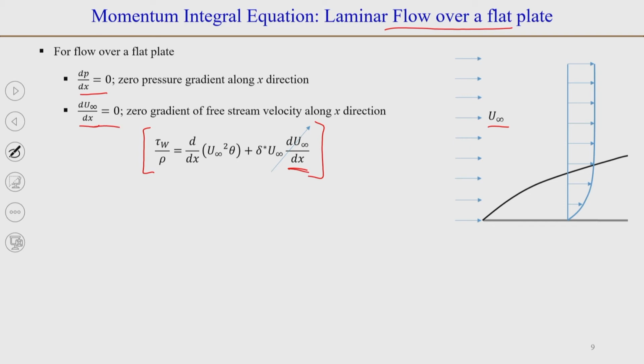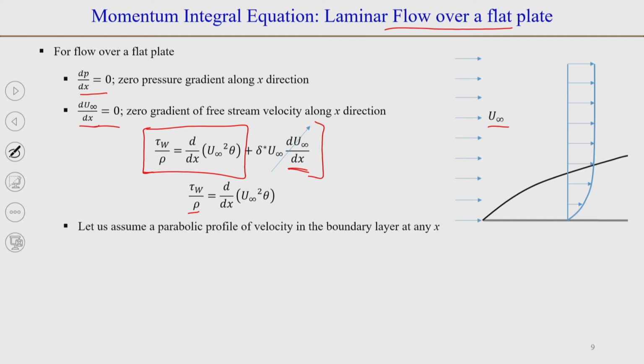In many books you might see only this form of momentum integral equation, because they consider the flow over a flat plate. So, this term becomes 0. For a flat plate you will have a simplified form of the momentum integral, which is tau w by rho equal to d by dx of u infinity squared theta.